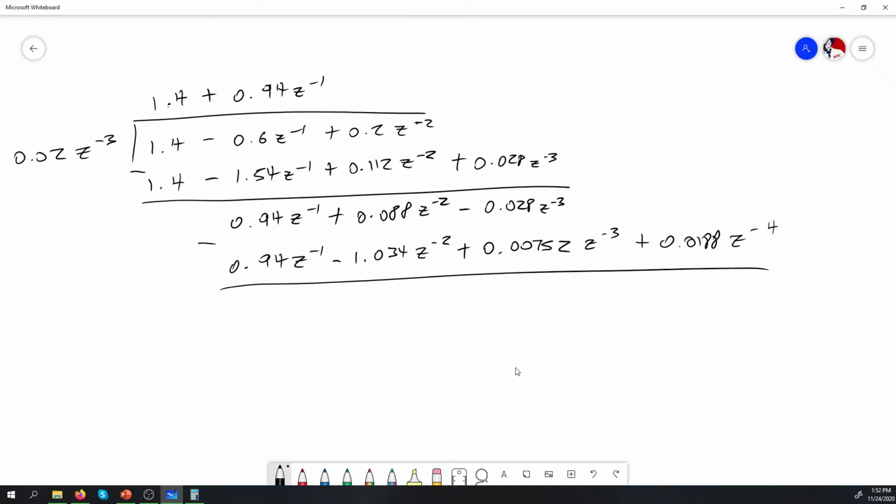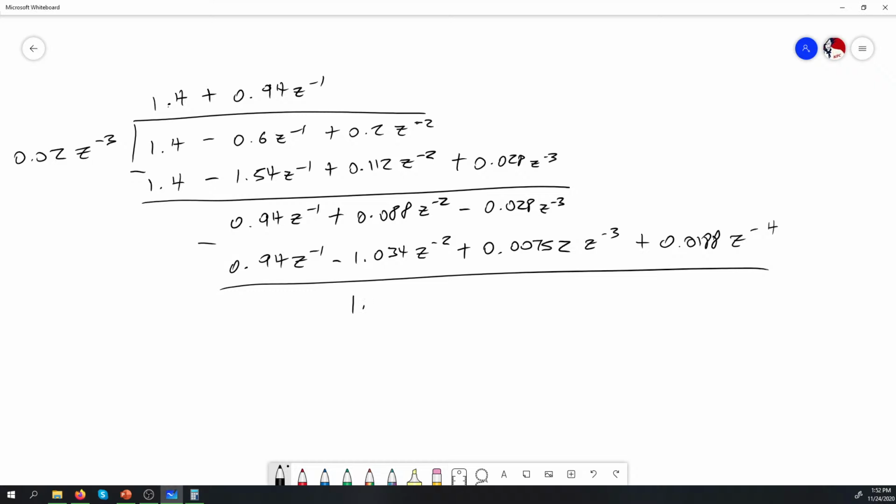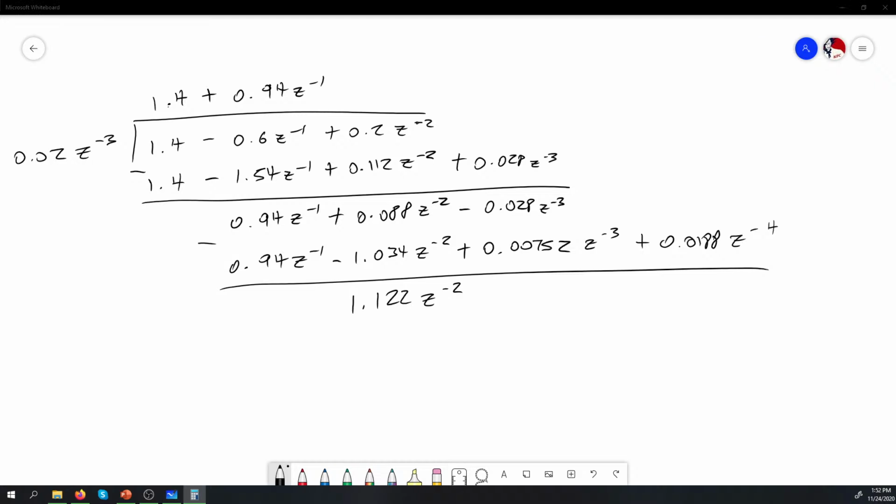We have to subtract these, so the z to the negative 1 here will just cancel, and we have 0.088 minus negative 1.034. So that becomes a positive, so that's 0.088 plus 1.034, giving us a result of 1.122 z to the minus 2. And we perform the operations as such throughout if we're doing a long division process.